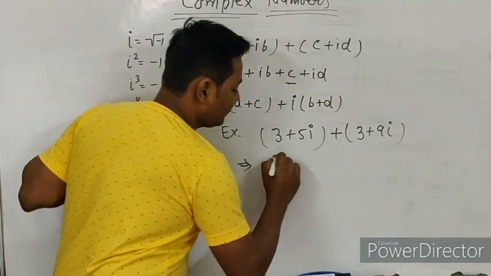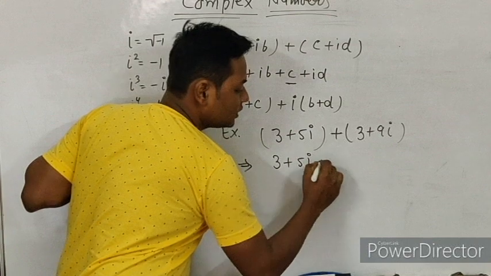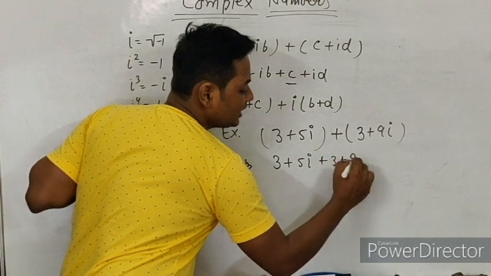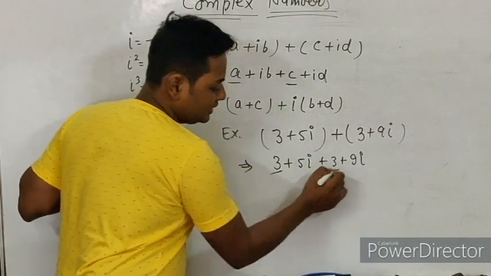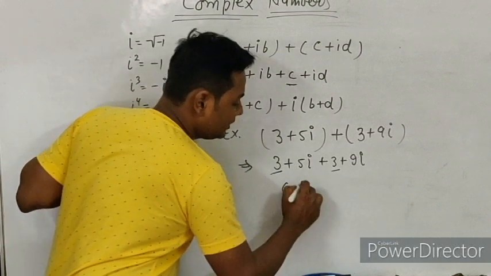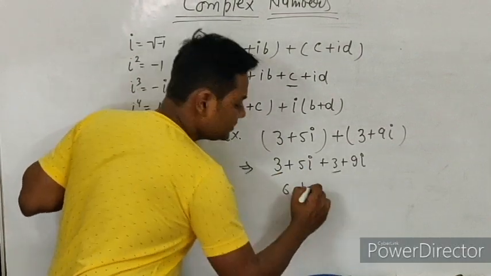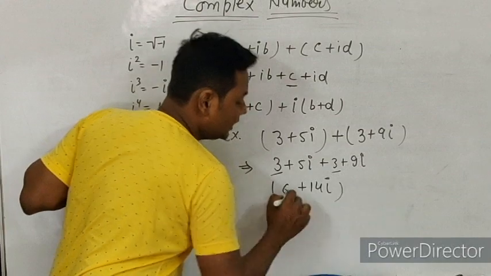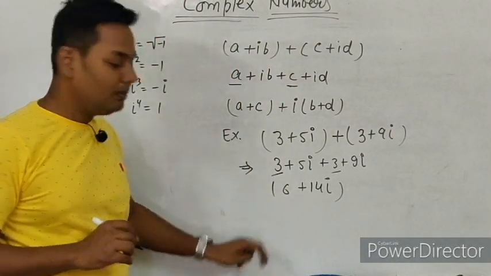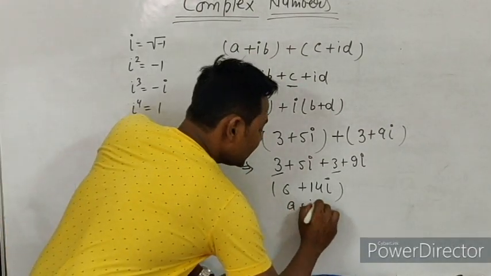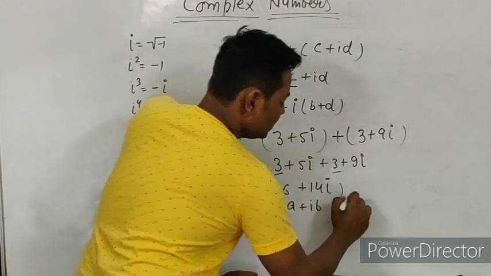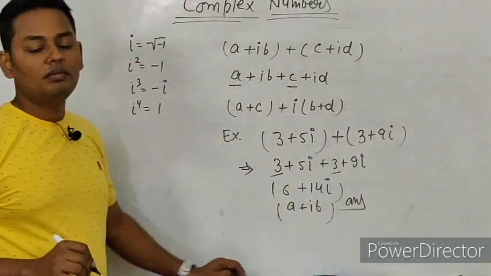So again, 3 plus 5 iota plus 3 plus 9 iota. 3 plus 3 is 6, and then 5 iota plus 9 iota becomes 14 iota. As I told you, this is the standard form of the complex number, a plus ib. This is your answer.